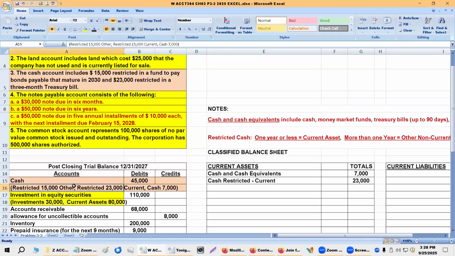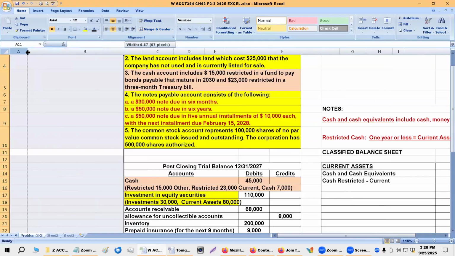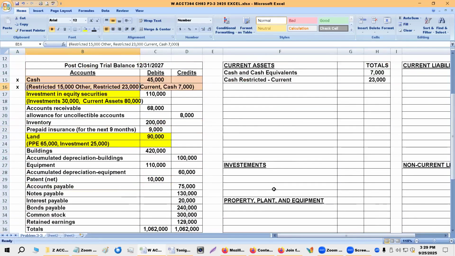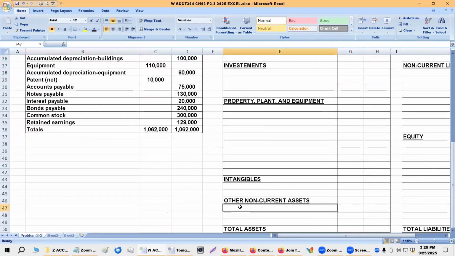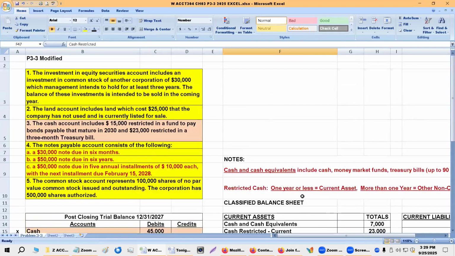Okay, I'm going to go ahead and take care of that other one, the restricted other, so I don't forget it. Let's put an X by things that we're doing now. That'll come all the way down here to other. We'll have cash restricted, $15,000.